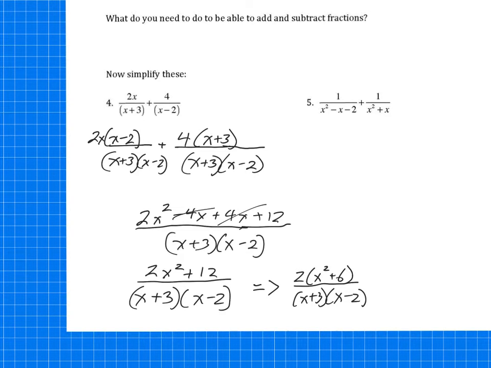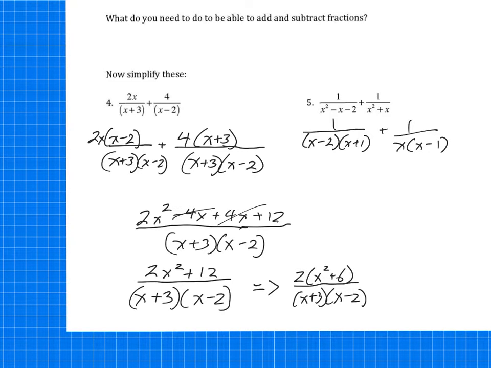How do I factor the first one? It's going to be x minus 2 and x plus 1. Who agrees with that? And the second one is going to be x times x minus 1.